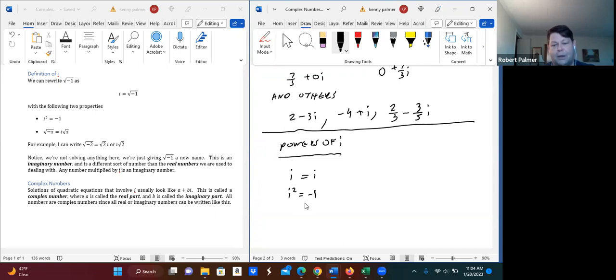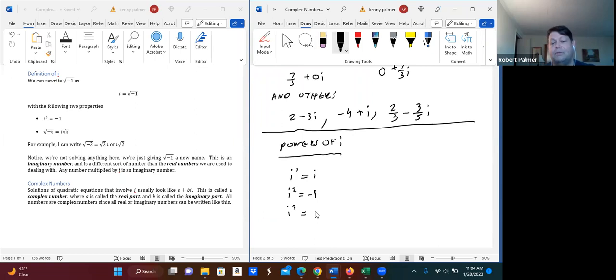Now what about i cubed? We can use i squared and i, which is i to the first power, to find i cubed.